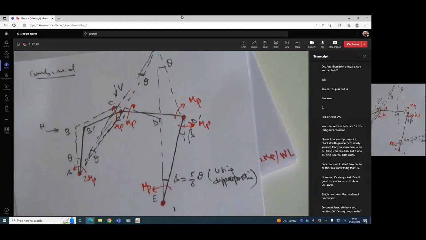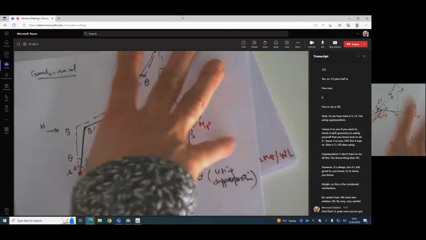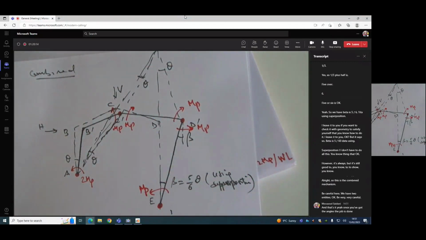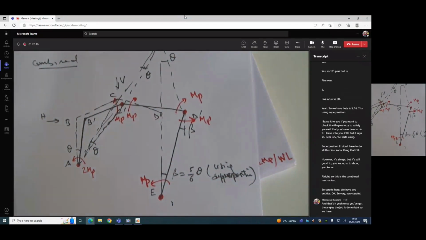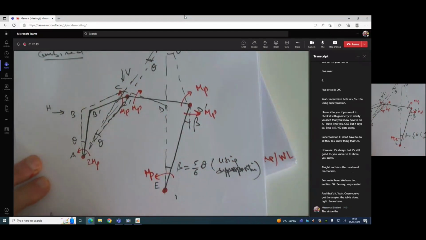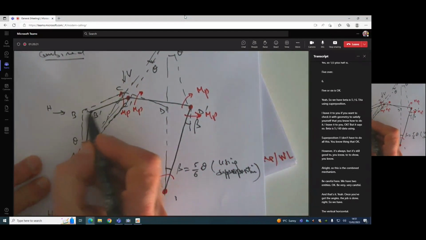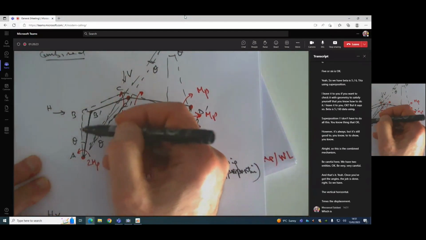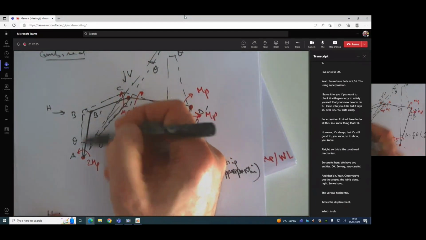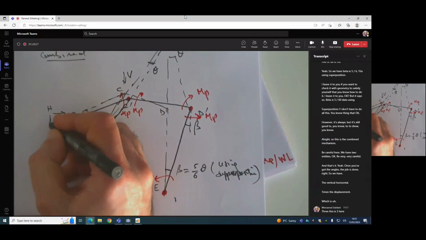And that's it. Once you've got the angles, the job is done, right? So we have the horizontal times the displacement, which is 3. This is 3 meters.